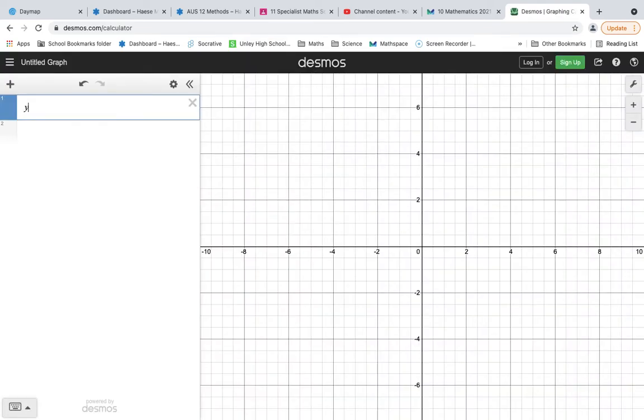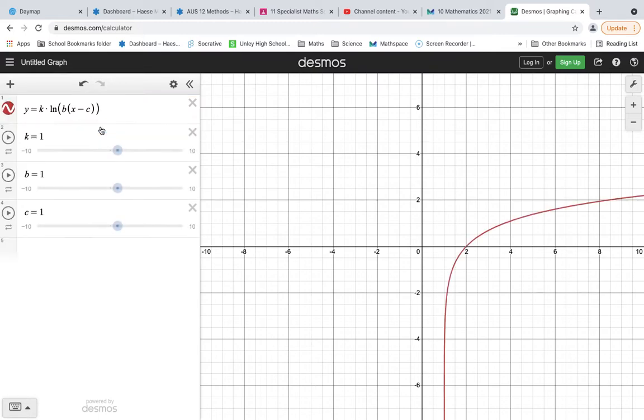So y equals, they've used the letter k, natural log. Desmos will see what I'm doing. And then they had b brackets x minus c. Yep, good. That's what I want. So if we leave it as just log x, our b will have to equal 1, our c would have to be 0.